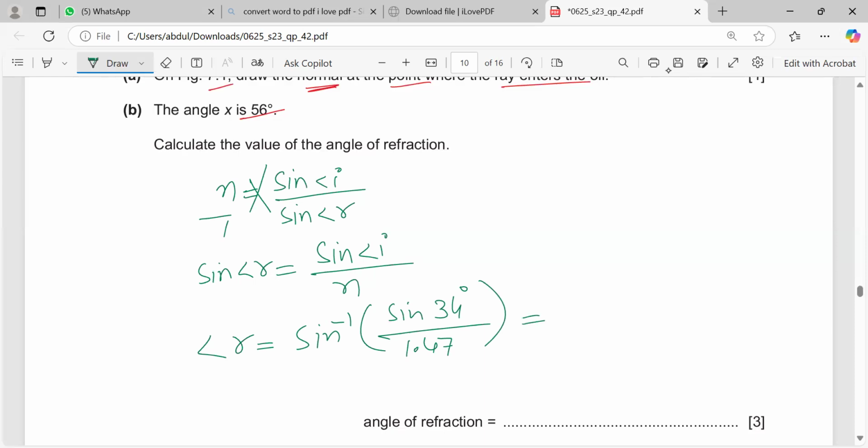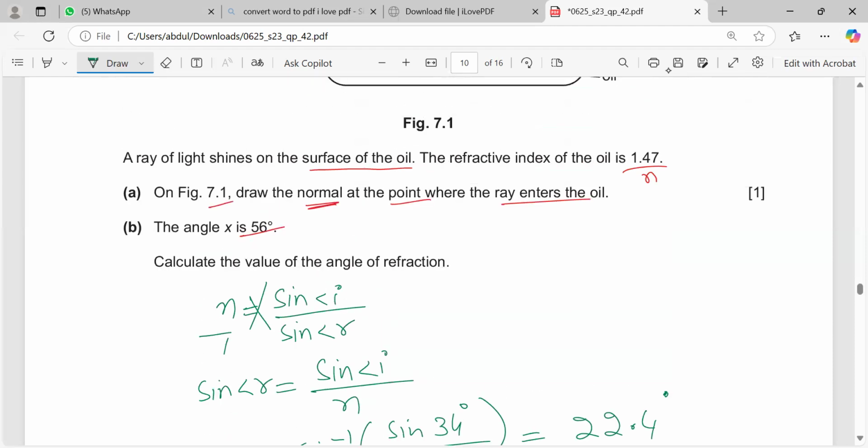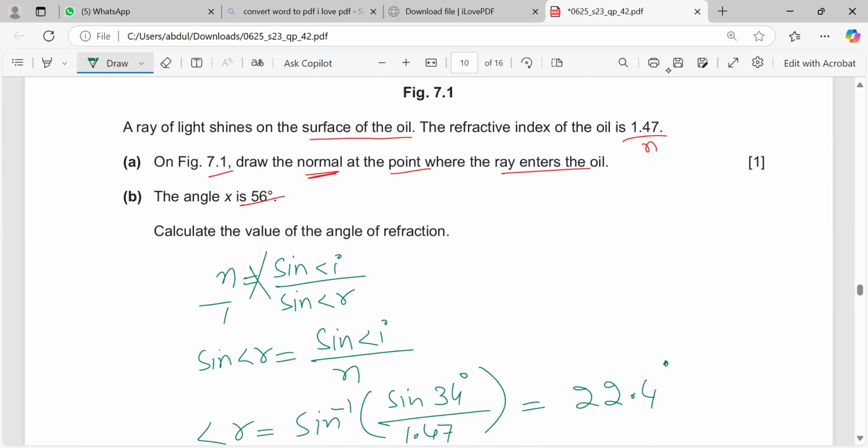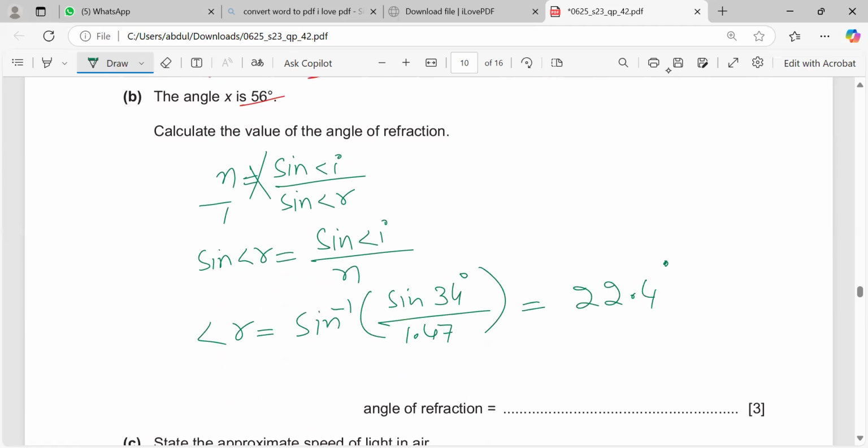As we simplify, it is 22.4 degrees, because I solved this question also this morning. This is okay, because when the ray enters the oil, oil is more dense than air, so it will bend towards the normal. The angle of incidence is 34, so the angle of refraction will be smaller than 34, so 22.4 degrees.